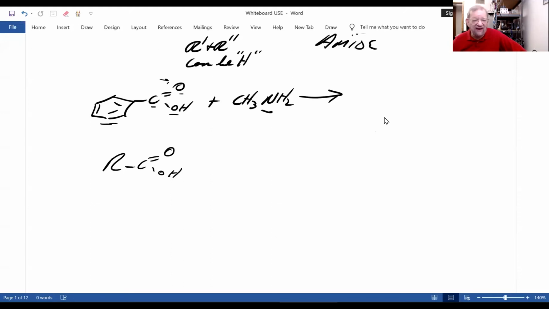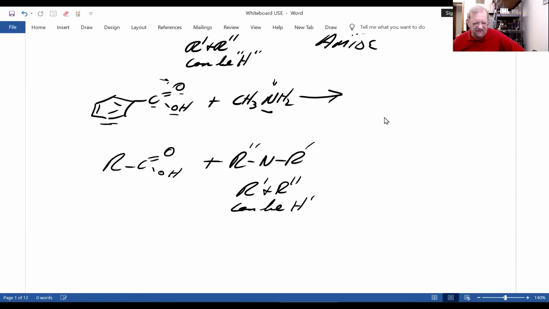And now what do we have here? Ooh, a nitrogen. It's got carbons and hydrogens, and that's an amine. Remember, R prime and R double prime can be hydrogen. And there should be a hydrogen on here too. And what do you get? An amide.